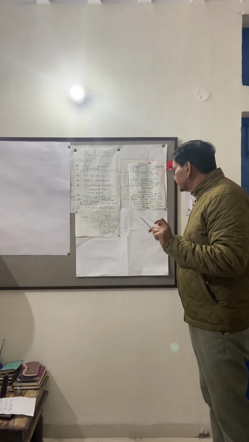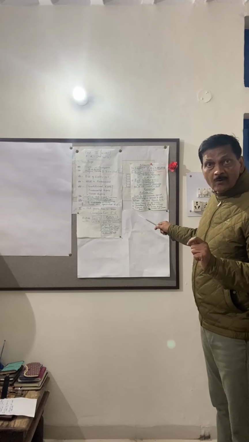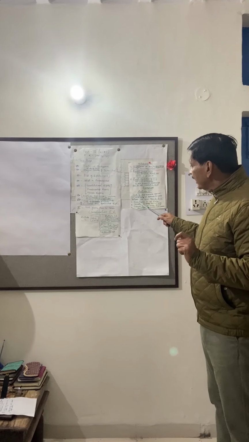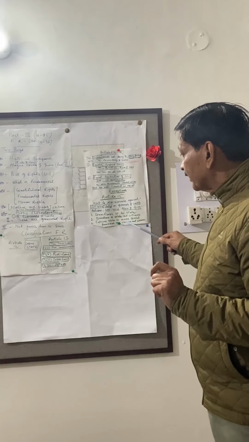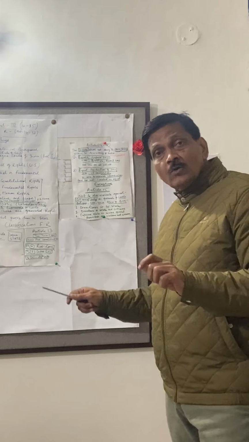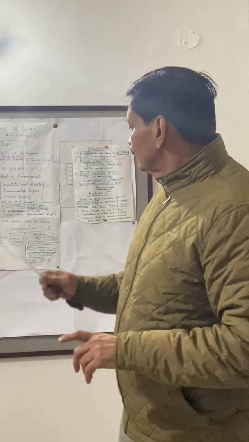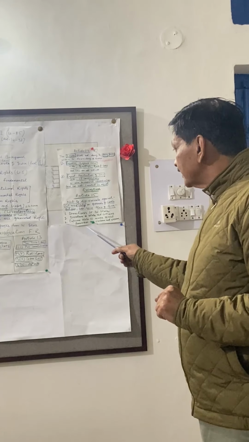You see, this is the meaning of, here comes the equal protection of law. We cannot treat all the people with the same stick. So it also empowers the state to make special provisions for the children and women.